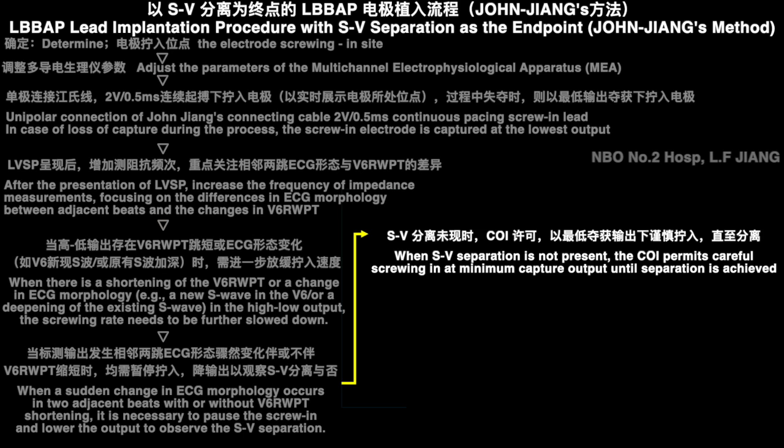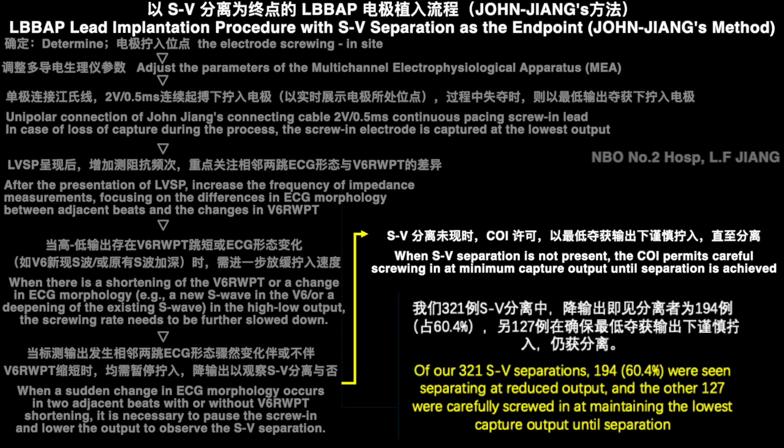When SV separation is not present, the COI permits careful screwing in at minimum capture output until separation is achieved. Of our 321 SV separations, 194, 60.4%, were seen separating at reduced output, and the other 127 were carefully screwed in while maintaining the lowest capture output until separation.